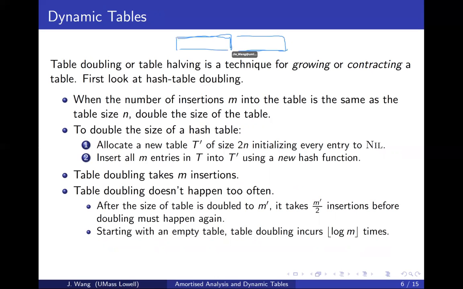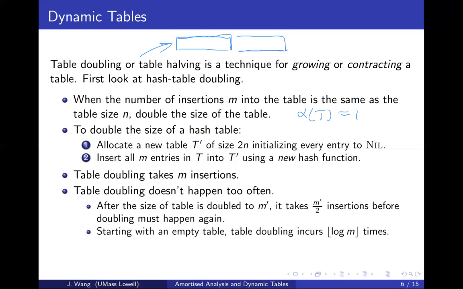Then of course you want to redo your hashing. We can double a table or halve a table when needed. When the number of insertions m into the table is the same as the table size, that means the load factor is equal to 1, then we can double the size of the table.